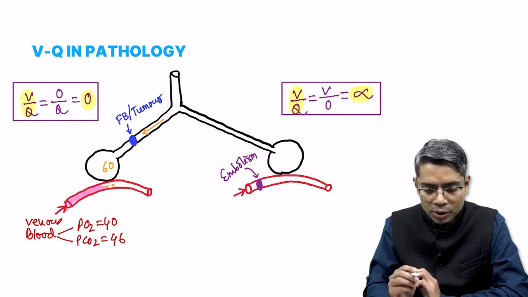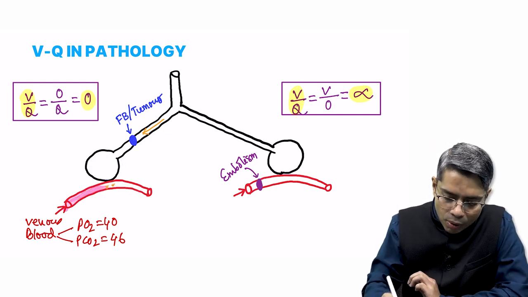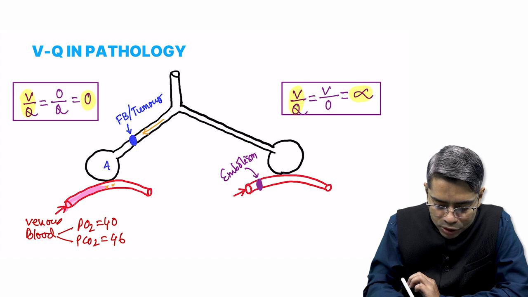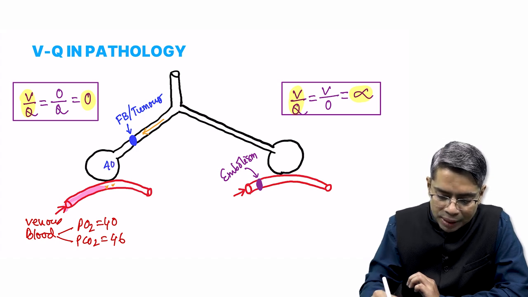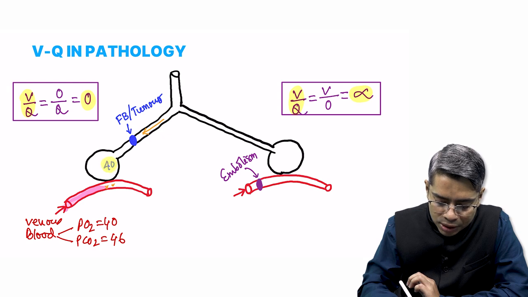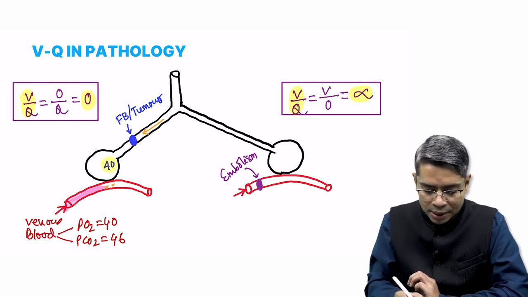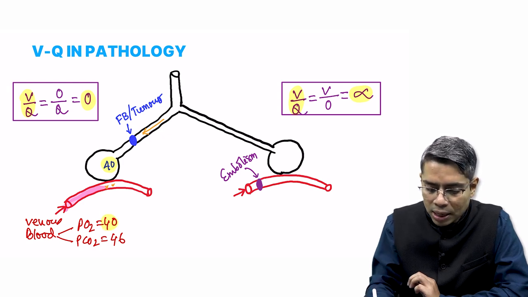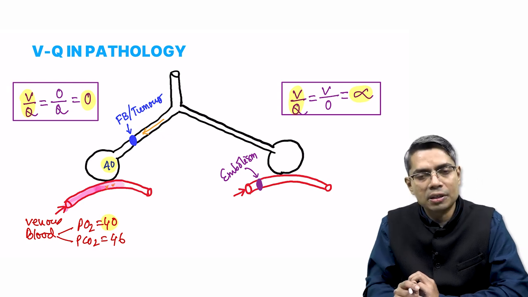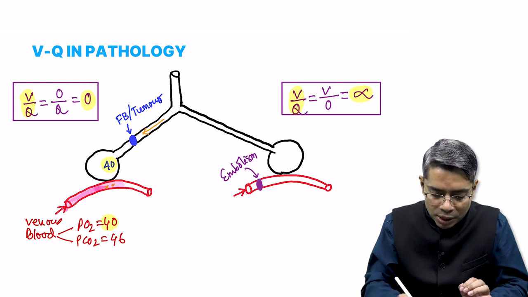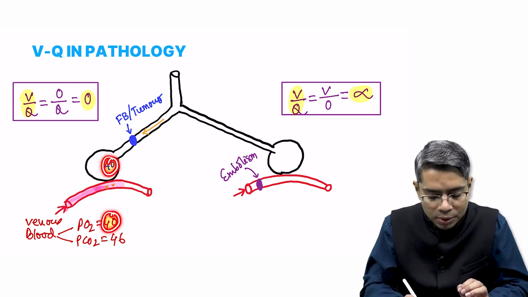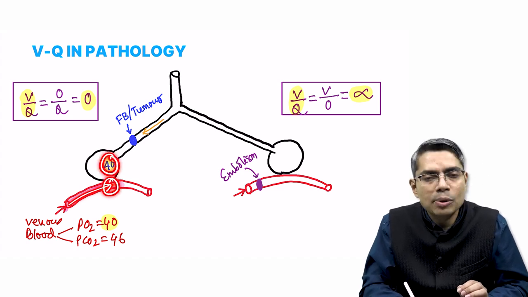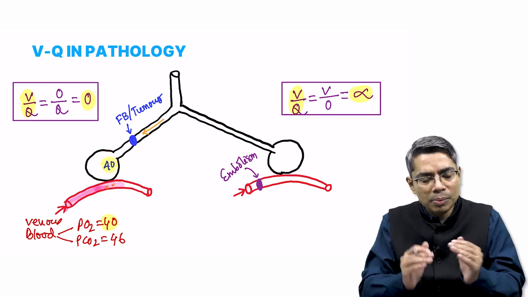But whenever the partial pressure of oxygen in this alveoli reaches a value of 40 millimeter of mercury, and the venous blood which is flowing to this alveoli also has a partial pressure of oxygen of 40, both the partial pressures are equal.